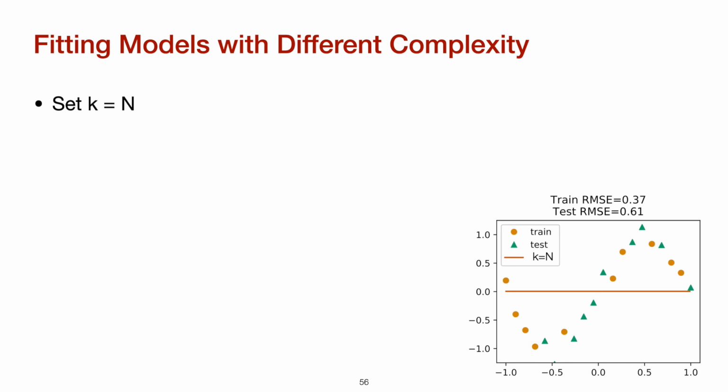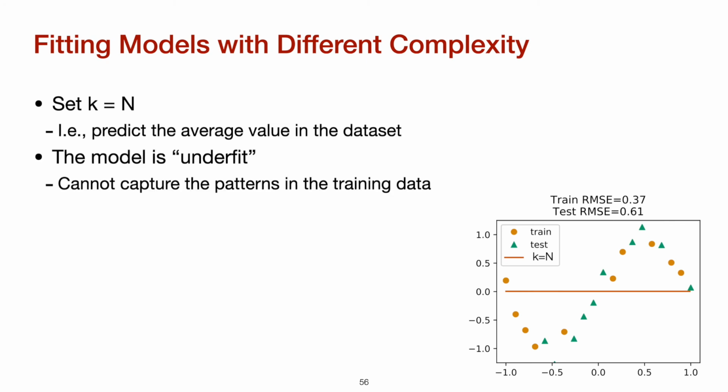So here, if we have the most simplistic model, where we take our k as every data point in our training data, then we end up with this straight line. Essentially, we've averaged across all of our data set, and we always predict this same value. So this model is clearly what's called underfit. We're not capturing patterns in the training data. We've got some amount of information here.